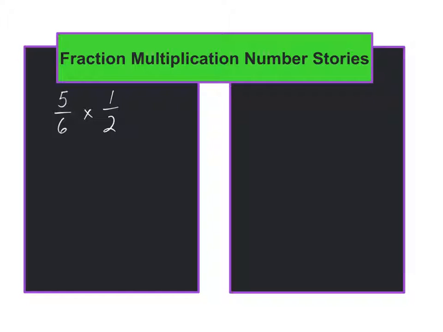If we stick to the pattern that I've been following, we could use a story where we're dealing with food and we can eat part of it. So let's start with this much food, and let's eat half of it.